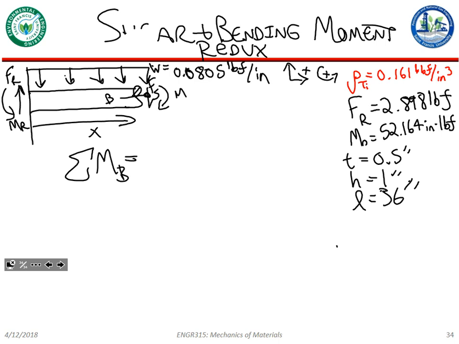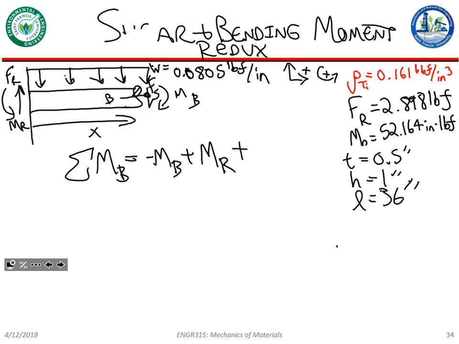So if I'm summing moments at that section, which I've arbitrarily called point B, I have some internal bending moment going in the negative direction. I have some reaction moment at the wall. And then I have some moment being caused by the load distribution, by the weight.